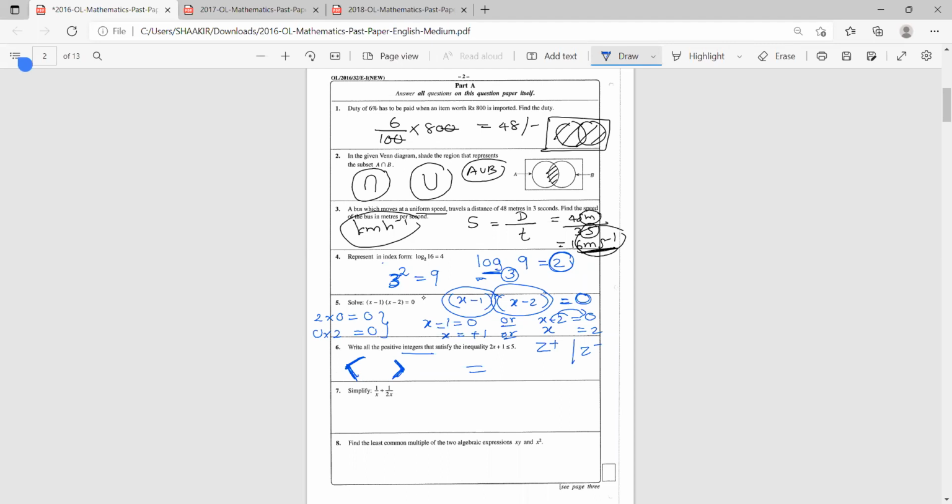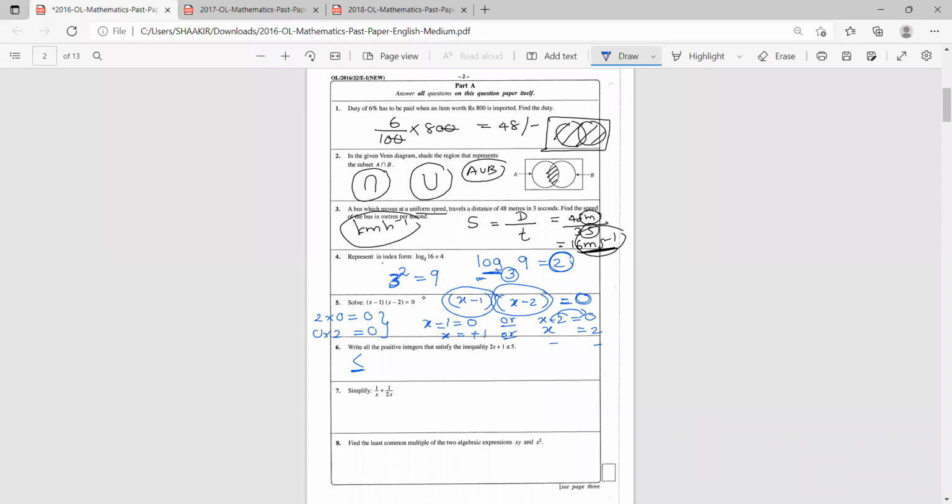Now they are asking, write all the positive integers that satisfy the inequality 2x plus 1 less than or equal to 5. See, below that sign you have a dash, that means it represents equal.